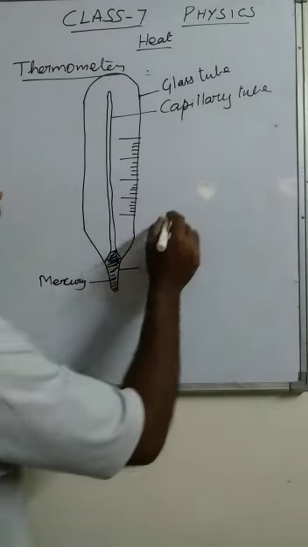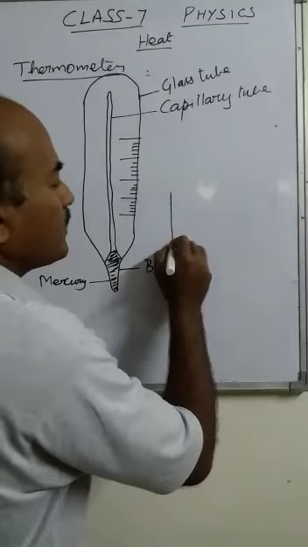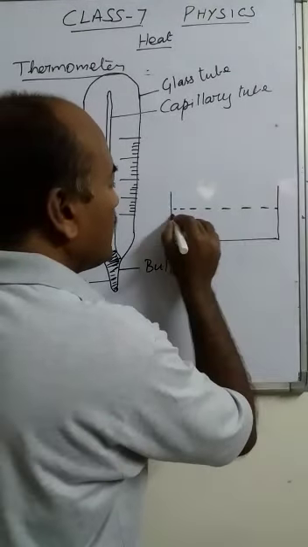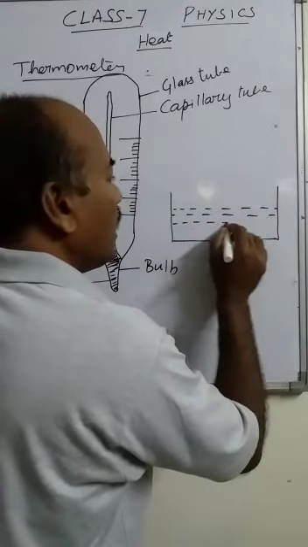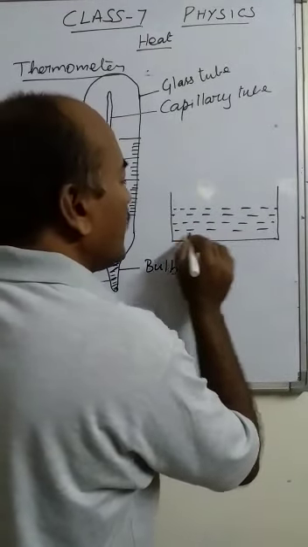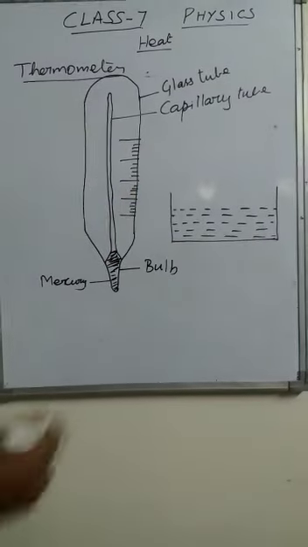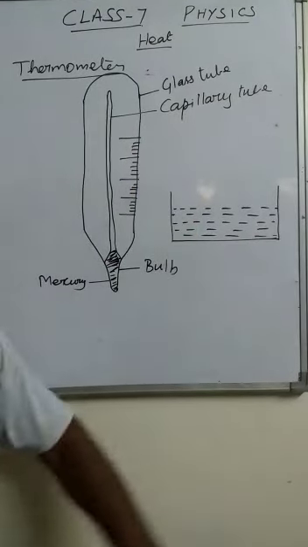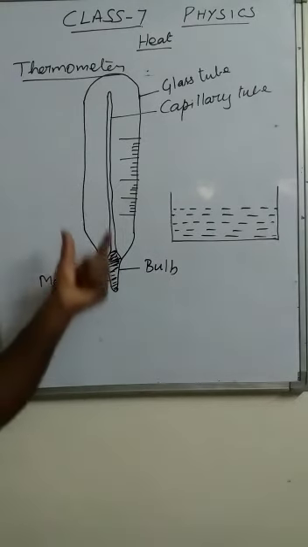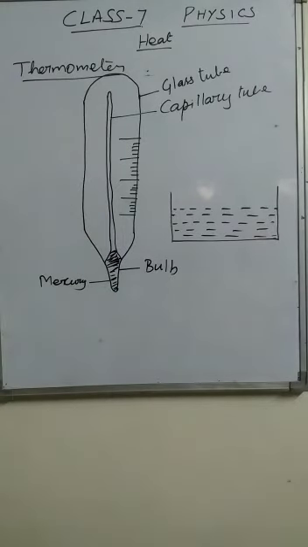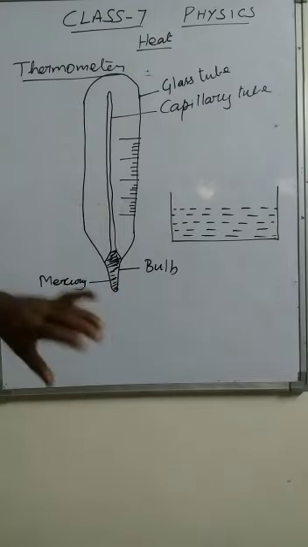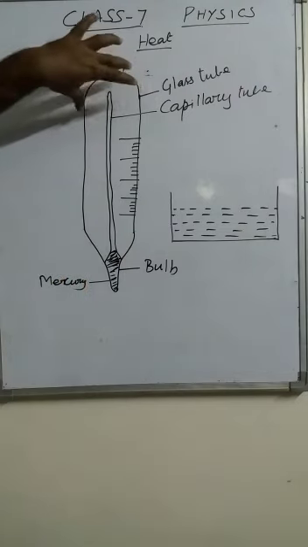Suppose we have a container. The container is filled with water. Let us take this water as having a somewhat higher temperature. It is hot water. And the temperature of this water is to be measured using this thermometer. How is it used? The thermometer is held from the top of the glass tube.